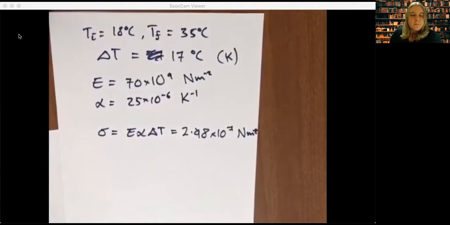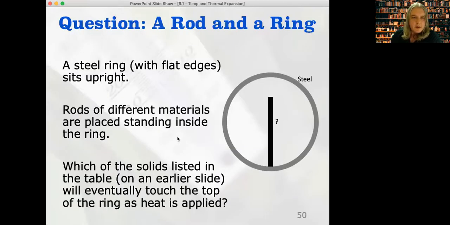And I think this may be the last slide, the last question. There may be one more, I can't recall. Probably the last one. Question: a rod and a ring. A steel ring with flat edges sits upright. Rods of different materials are placed inside the ring. Which of the solids listed in the table on an earlier slide will eventually touch the top of the ring as heat is applied?